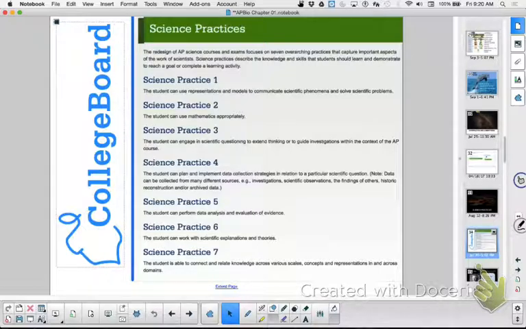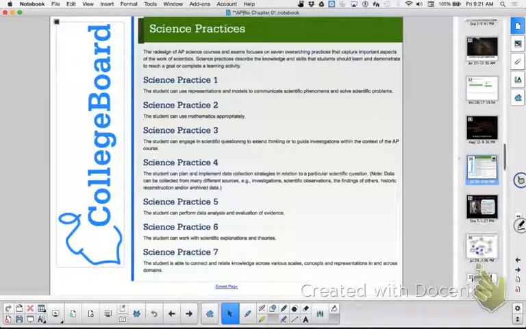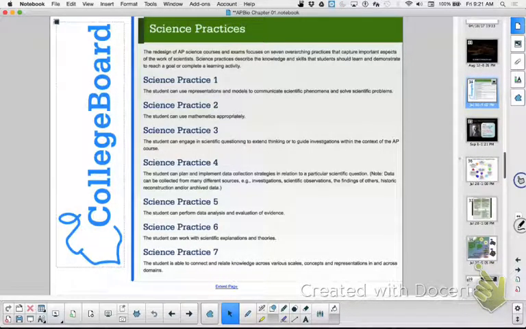Presentations and models to communicate scientific phenomena and solve scientific problems. They're listed in your group shared notes too, right? The student can engage in scientific questioning to extend thinking or to guide investigations within the context of the... Okay, go quicker.